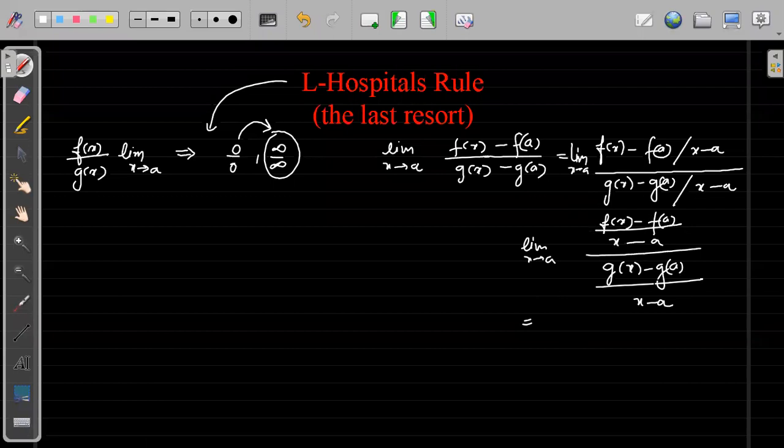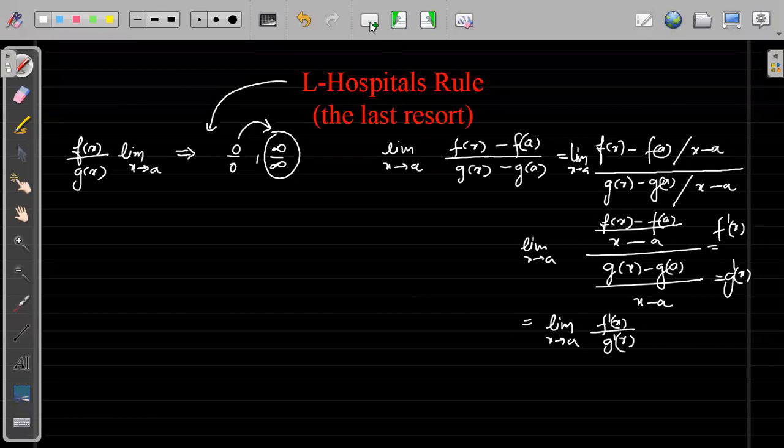This numerator we can write as f dash x and the denominator as g dash x as x tends to a. So we can write limit of x tending to a, f dash x divided by g dash x. One explanation, very simple. I hope everybody is able to understand this one.